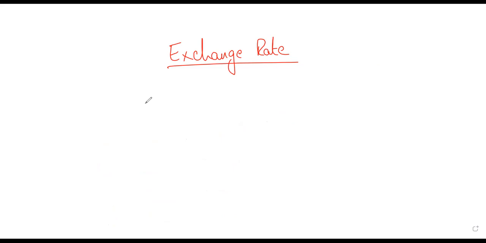Just one or two lines. If you want to define what stable means, you'll say a stable exchange rate is where the value of the exchange rate doesn't fluctuate a lot, right? So that is another thing that you will write.